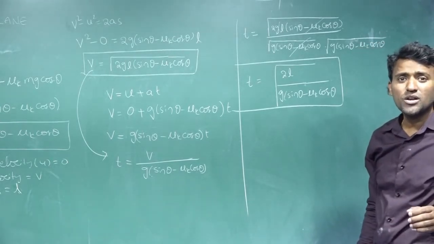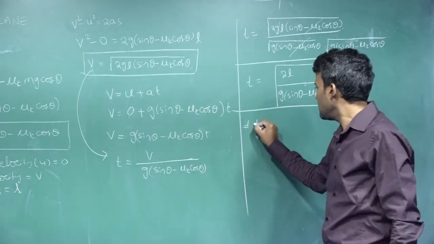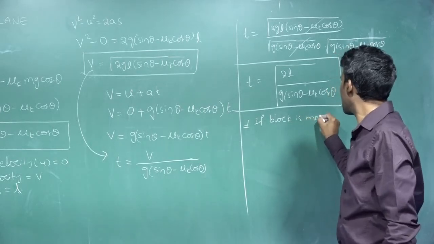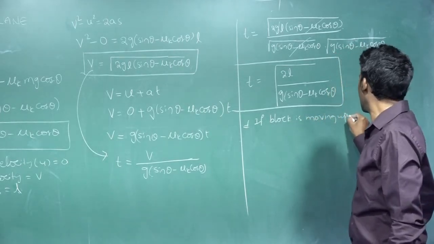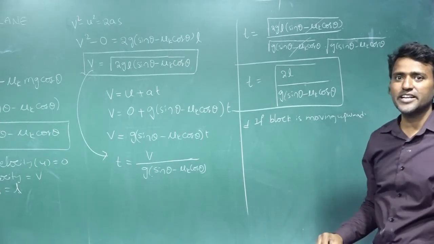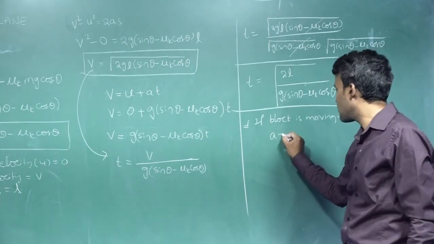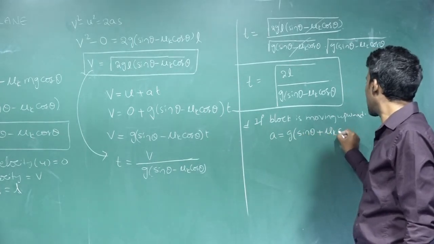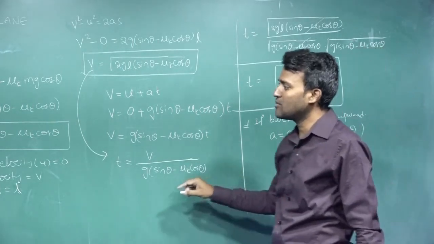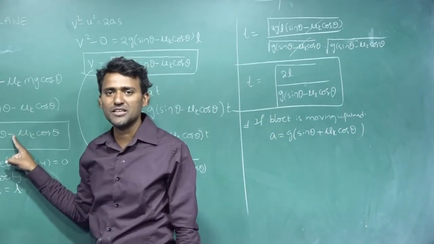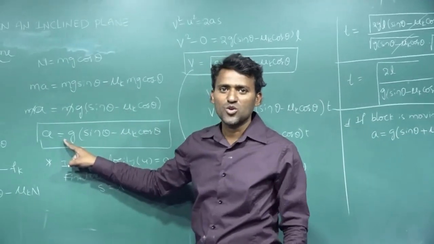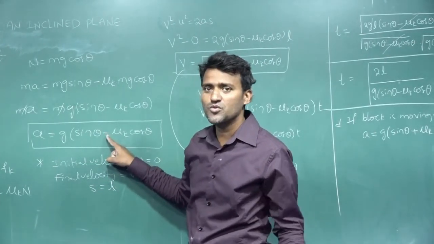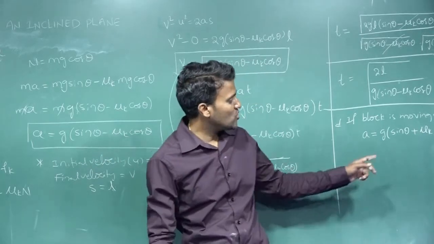For example, if the block is moving upward, at that moment the acceleration of the block is g into sin theta plus mu k cos theta. That minus will become a plus. We simply do not need to derive it again. Previously a is equal to g sin theta minus mu k cos theta; when it is going in the upward direction, we have to write plus.